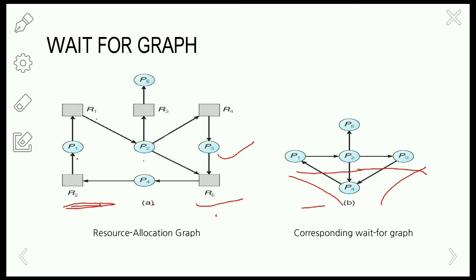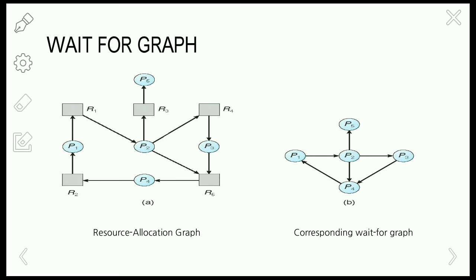And P2 is requesting the resource which is held by P5, so there is an edge from P2 to P5. Instead of representing the resource, we are directly pointing to the process which is holding the resource. This is how we can solve the single instance type using the wait-for graph. If there is a cycle, then it leads to a deadlock.